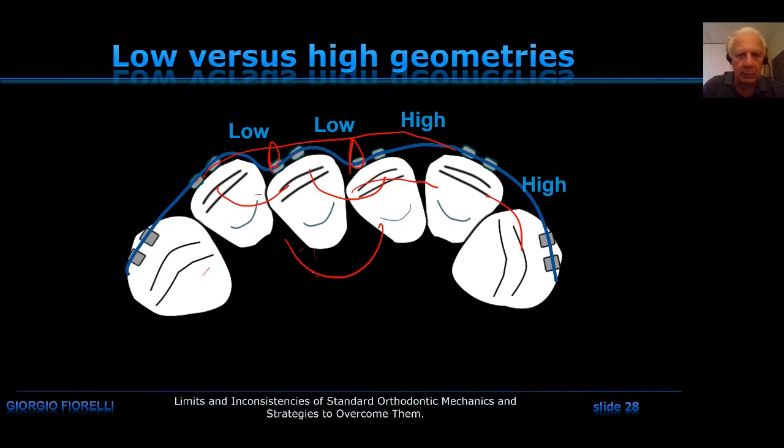But actually, think about this. The only and the main thing to be adjusted in this condition is just the rotation of this 2 incisor. So if we are able to rotate this 2 incisor in the right way, the teeth are almost aligned.